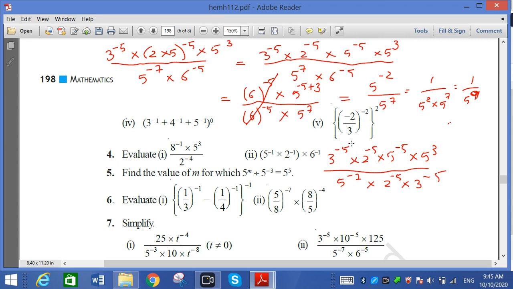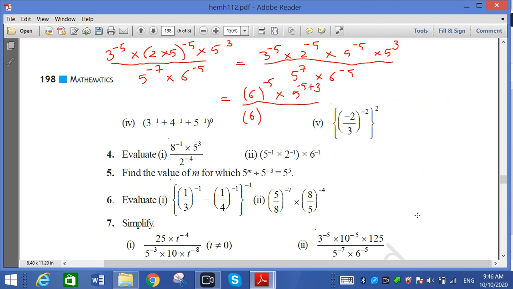Now we will see that this is easily cancelled because it is same. Here it is also same. What is remaining? Again 5 to the power minus 2 upon 5 to the power 7. So 1 upon 5 to the power 9. You have to simplify, so you have to multiply 5 nine times. You will get some answer. So 12.1 we have completed.